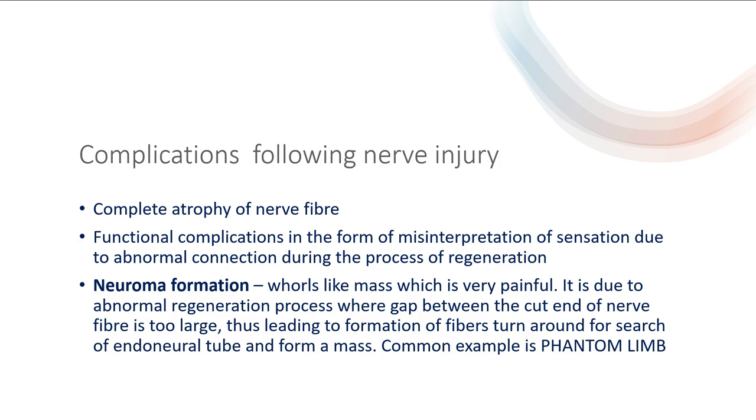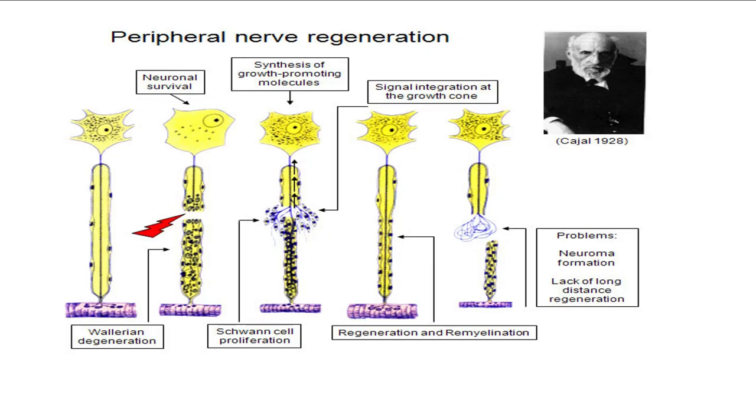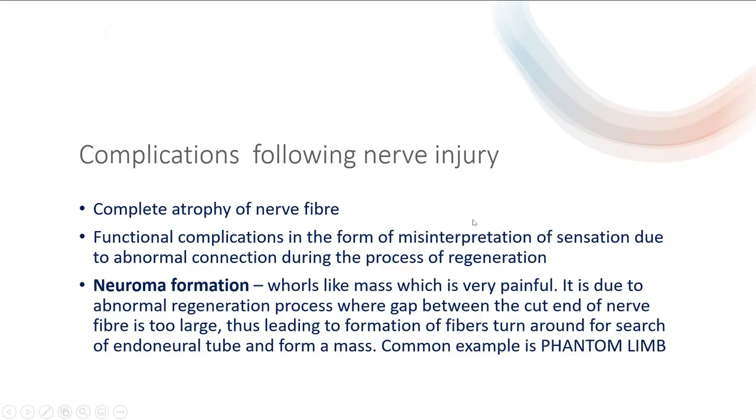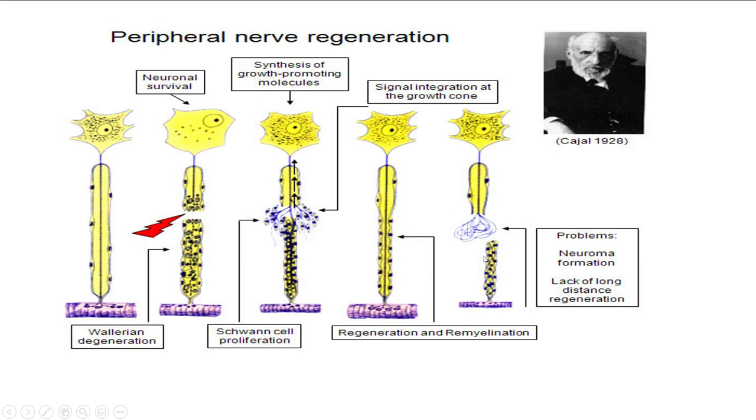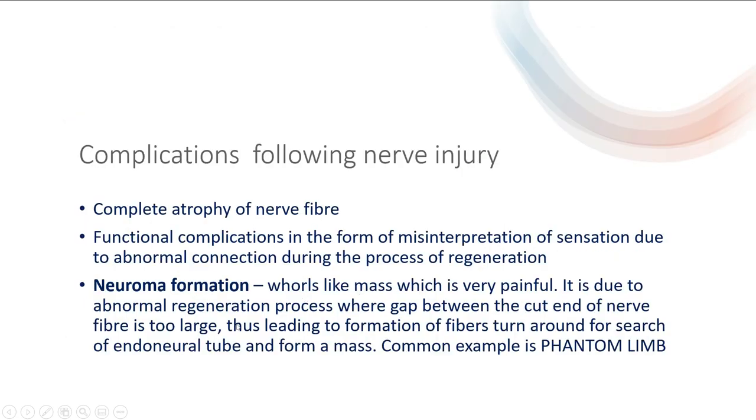As I said, with a neuroma, such axonal terminals are generated. Neuroma formation is a wool-like mass which is very painful, due to an abnormal regeneration process where the gap between the cut ends is not aligned. Regeneration needs alignment of the cut, and when the nerve fiber is too large, the fibers turn around searching for the endoneurial tube and form a mass. A common example is phantom limb.